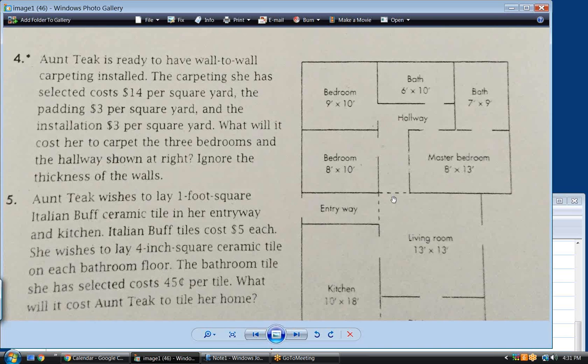Well, there's another way to do this. You can figure out the square footage of the hallway from the square footage of the whole floor minus the square footage of each of these rooms. That leaves you the square footage of the hallway. But notice, to get the square footage of this part of the house, you'd have to know that it's 10 by 10 by 7, so that's 27 by 20.